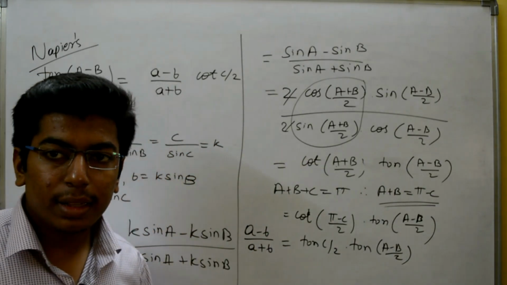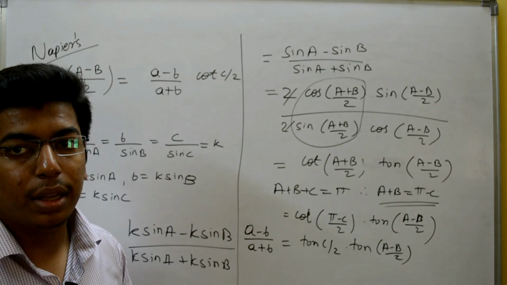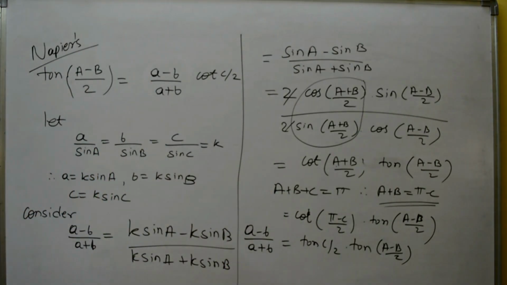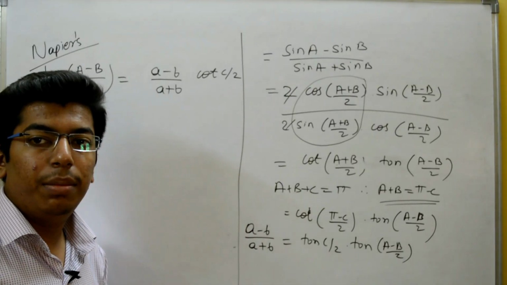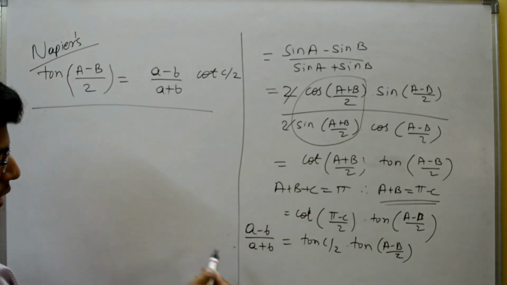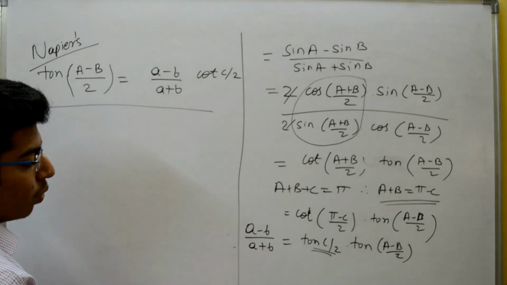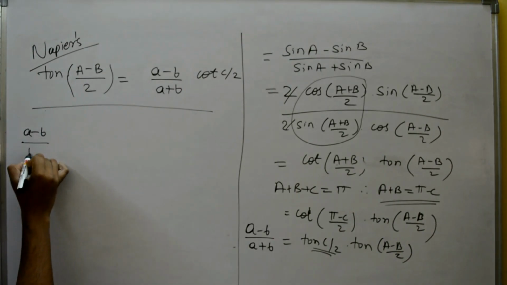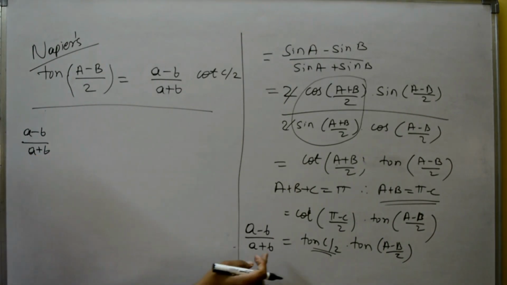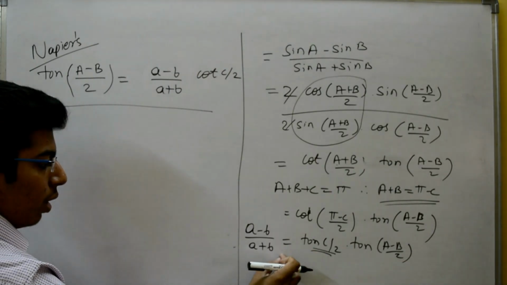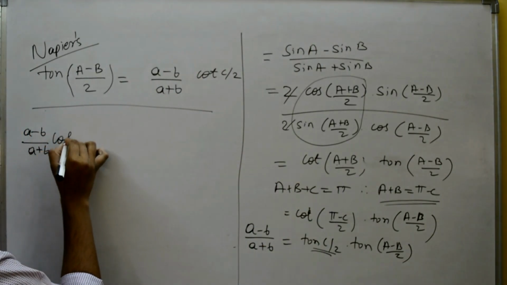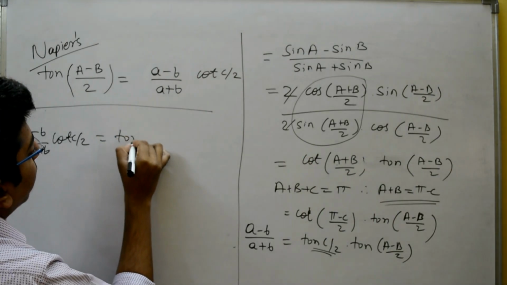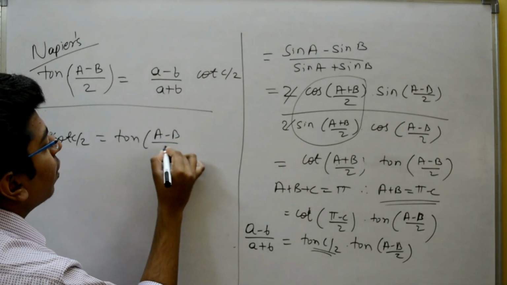Okay, so look at this up to here. The next step will be shifting this tan C by 2 to the left hand side. Okay, (a minus b) upon (a plus b), then tan C by 2 will become cot C by 2, is equal to tan (A minus B) by 2.